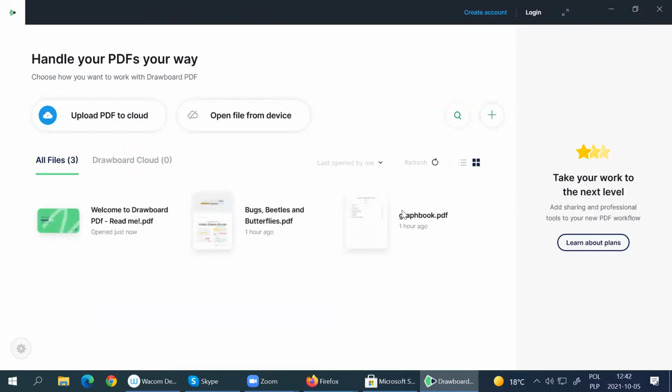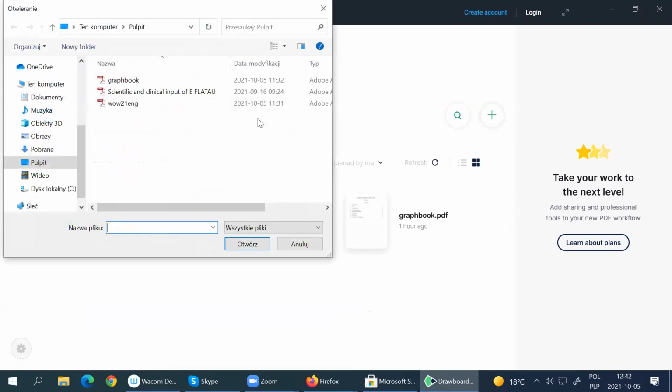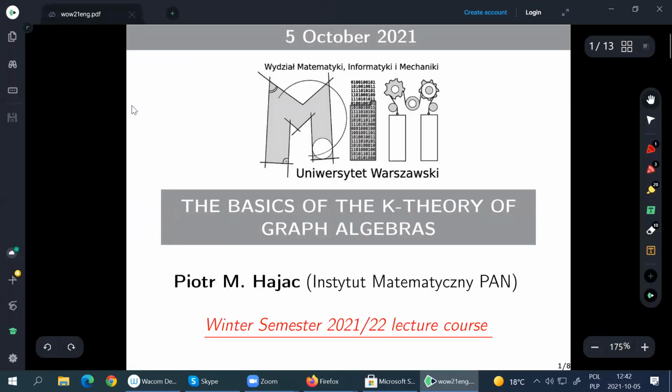Discard changes. Yes, and now open file from device. How about this? Yes, yes. Okay, and here are my slides. And you see the beauty of this is called Drawboard PDF. And the beauty is that you can write on your slides with a pen. So let me try it. I first have to start the pen. Yes, it works. And I can easily erase it. Wow.